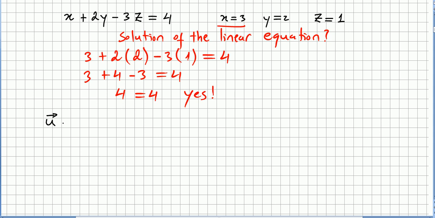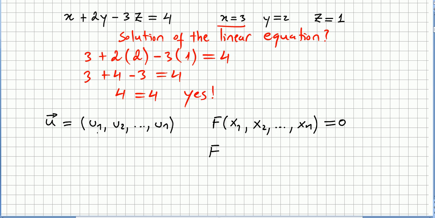Okay, so if we have a vector u with components u1, u2, un, we say that this vector is a solution, or solves or satisfies the equation f of x1, x2, xn equal 0 if we replace the variables x1 by these values here.